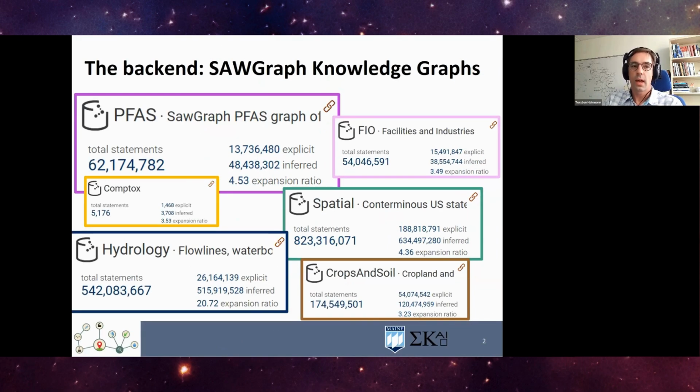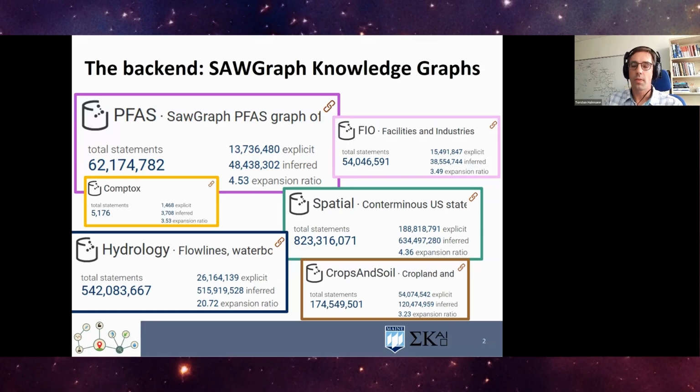SAWGraph consists at its back end of 6 interconnected graphs. There's a graph for chemical substances of interest, in particular PFAS substances, shown here in yellow, one for PFAS observations, shown in purple, and the pink one shows the facilities and industry classifications from EPA's Facility Registry Service.